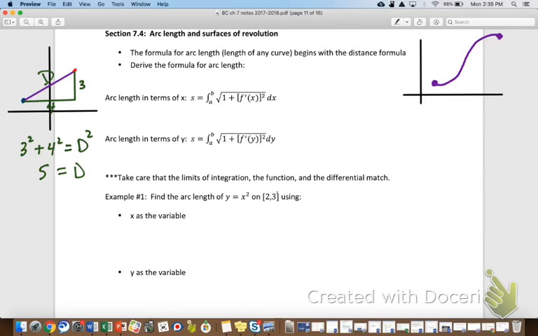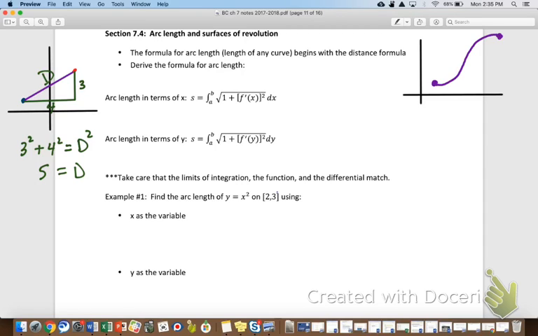So, obviously, this is a little more complicated than figuring out how long a straight line is because this is not a triangle. It's no part of a triangle because it's obviously got some curve to it. However, we can use that idea of the distance formula or the Pythagorean theorem to help us figure this out. So here's what I would say.